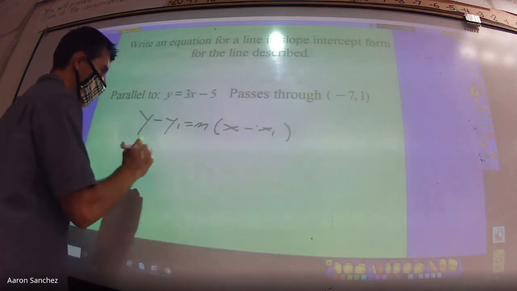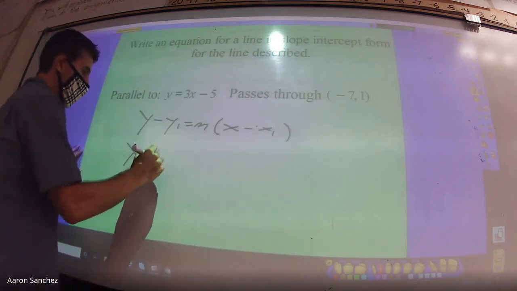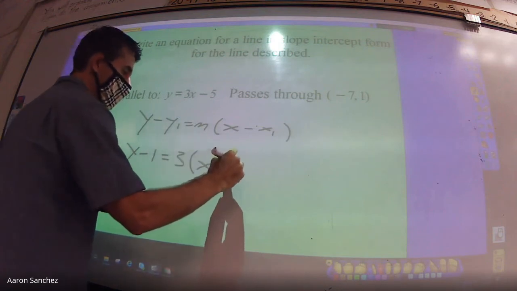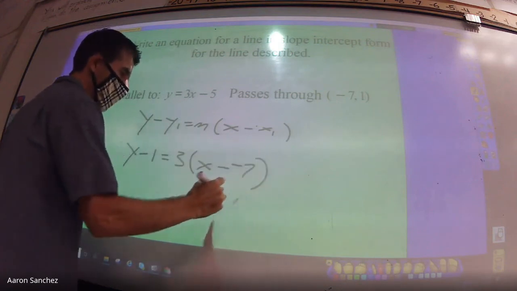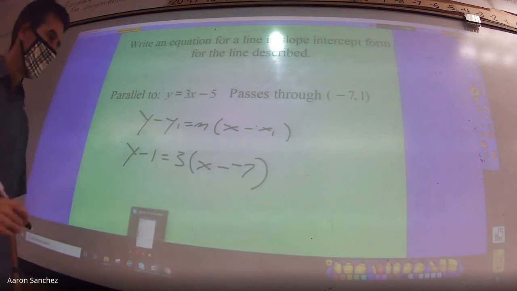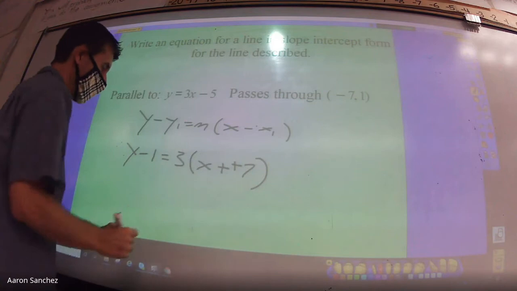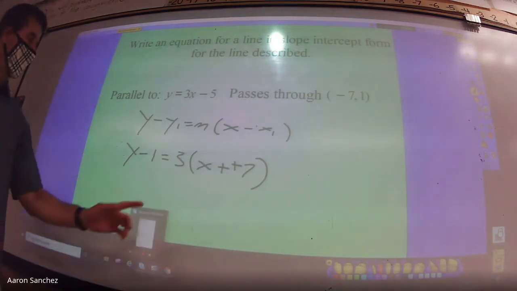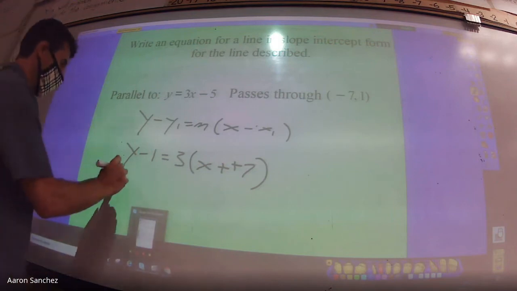It's all you got to do. y minus 1 equals 3 times x minus negative 7. Make sure you put minus negative 7 there, right? Not minus 7. This becomes a plus. Plus it up, right? 3x plus 21.